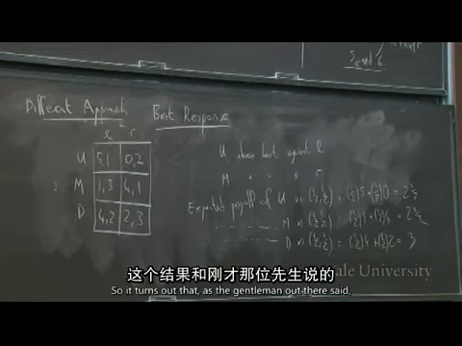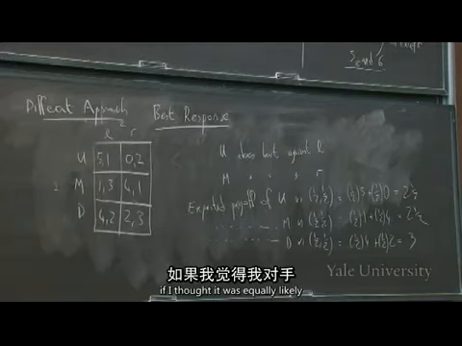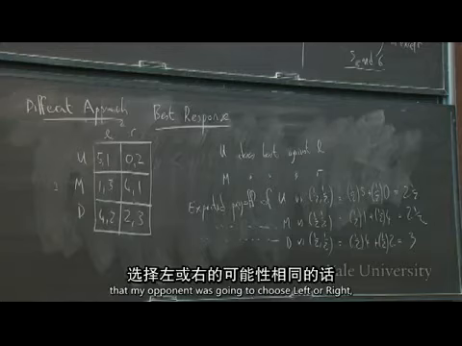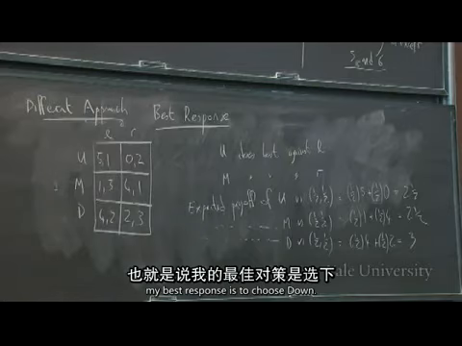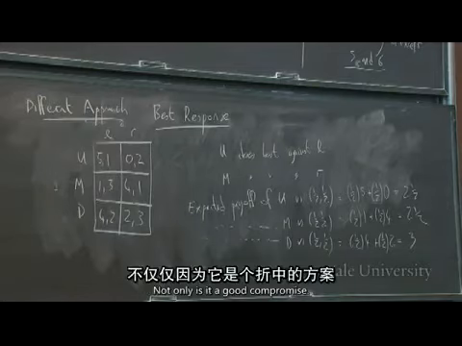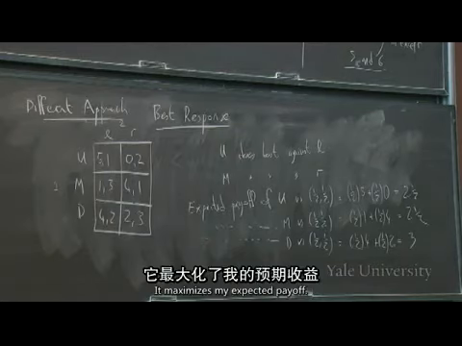So it turns out that, as the gentleman out there said, if I thought it was equally likely that my opponent was going to choose left or right, then actually my best choice, my best response, is to choose down. Right? Not only is it a good compromise, not only is it safe, it's actually the best I can do. It maximizes my expected payoff.